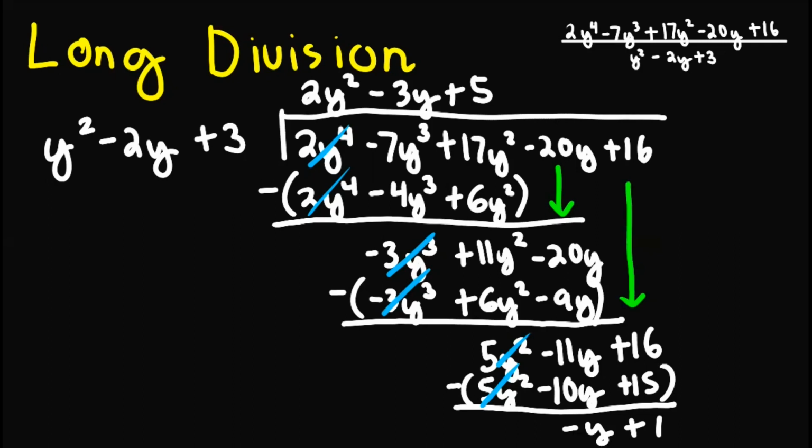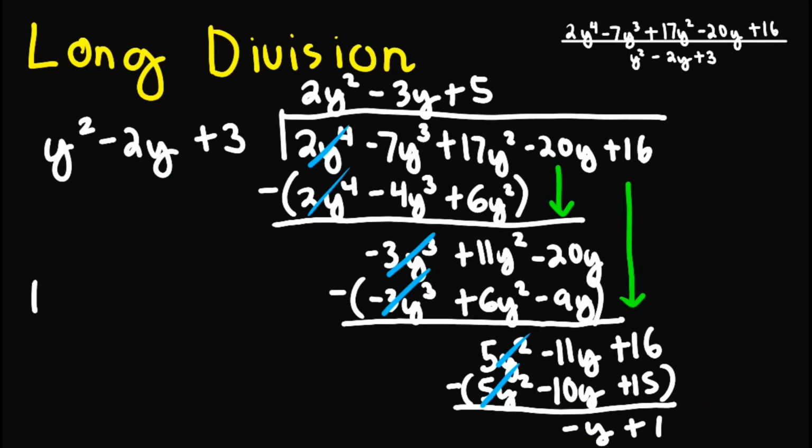Now observe that this is already the end of our division process, since the degree of this one is 1, while the degree of this one is 2. So it's already less than the degree of the divisor.